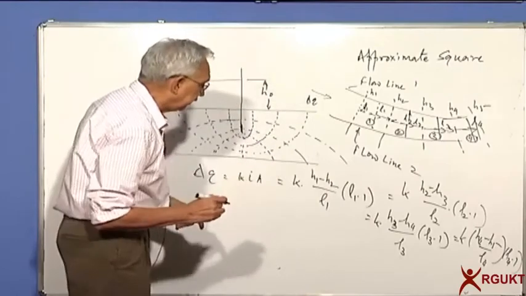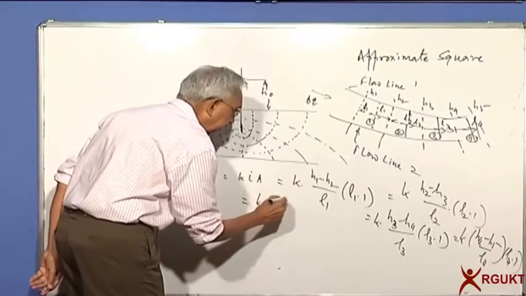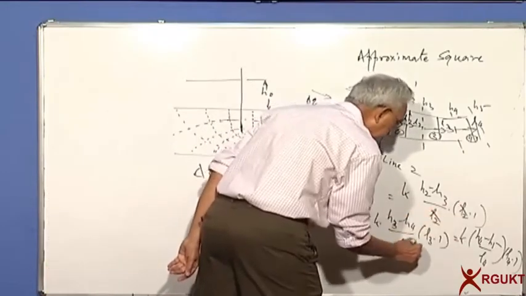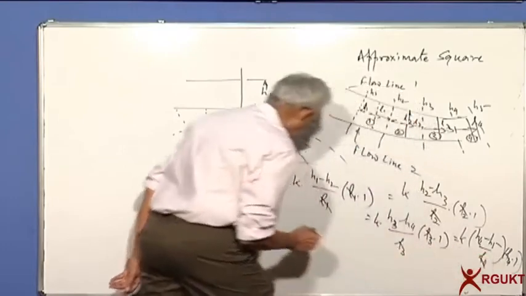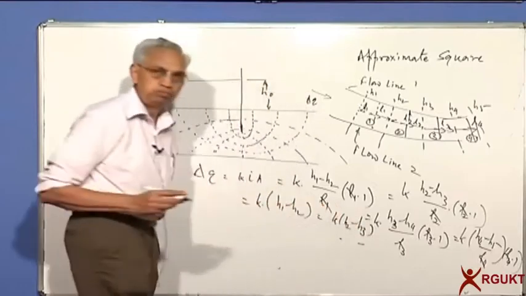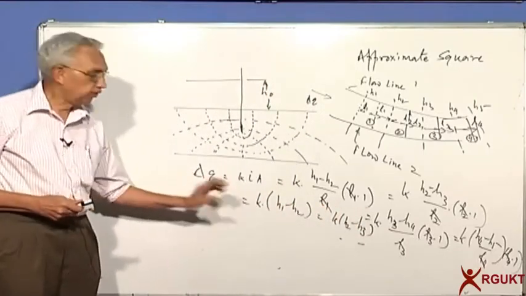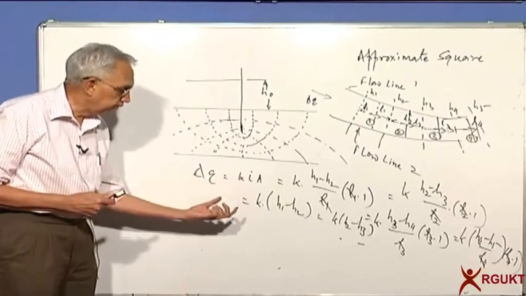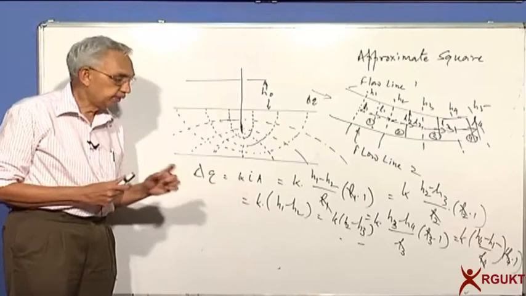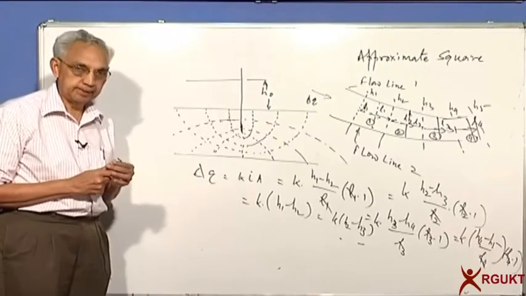So in that case, can I now simplify and say that K, L1 cancels, and we'll simply get the same. So you can see that the continuity of flow is satisfied, and what you will find is that permeability times the head drop between any two equipotential lines gives us the discharge.